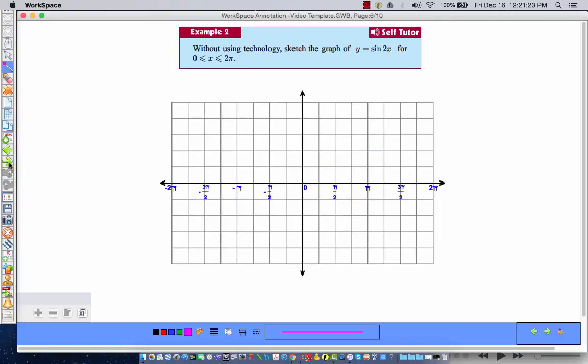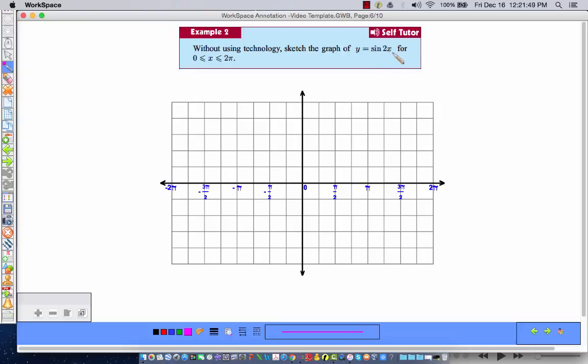Okay, let's talk about the graph of the sine of 2x. The 2 is multiplying the x, meaning it's affecting the period, because instead of taking the sine of some value of x, you're taking the sine of 2x.